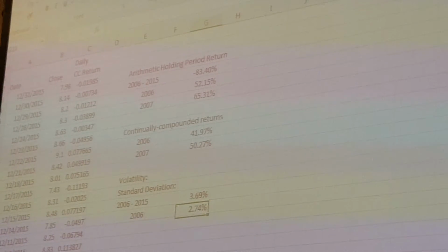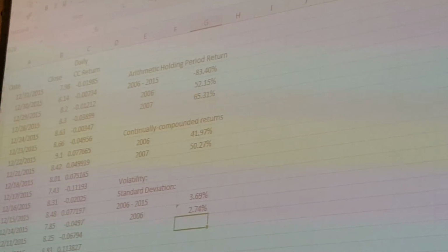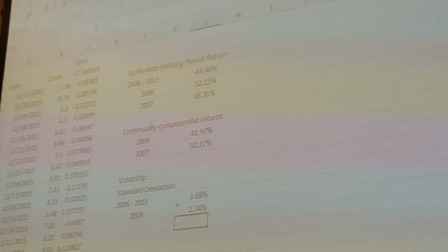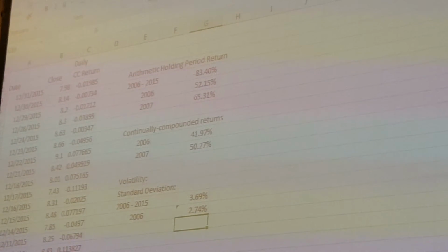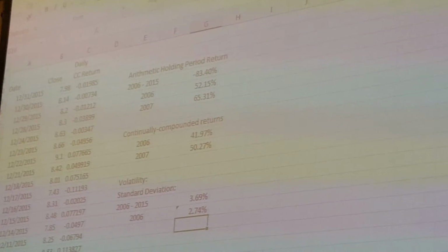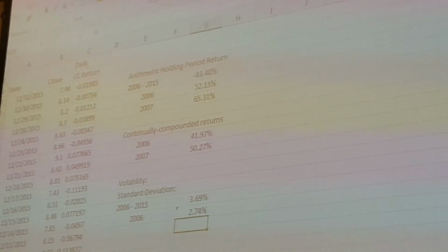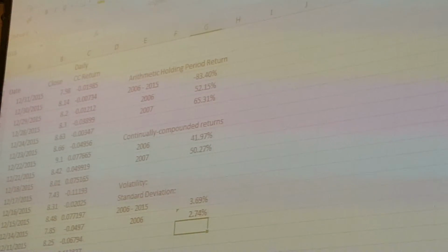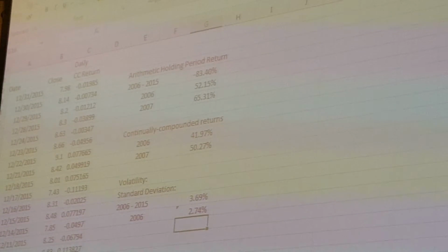Okay, so you can already tell that during 2006, the daily volatility of U.S. Steel stock averaged less than it did during that whole 10-year period.